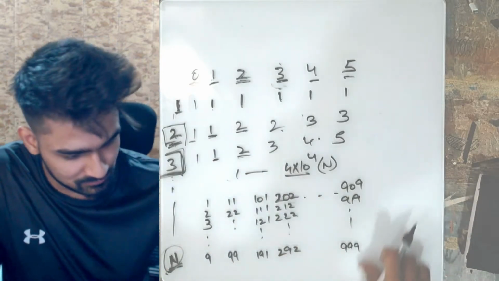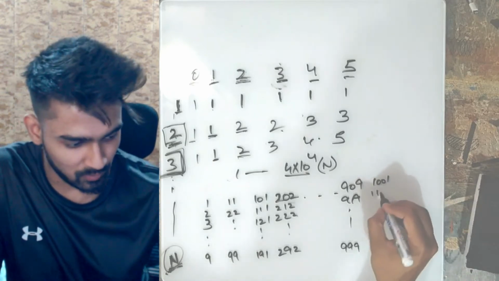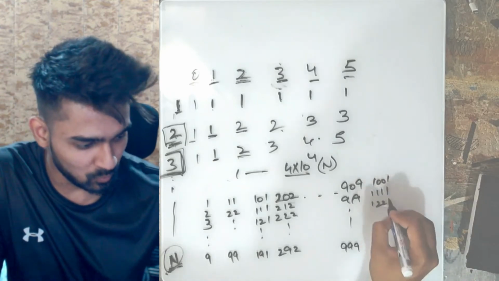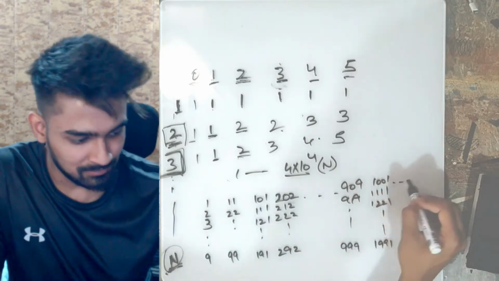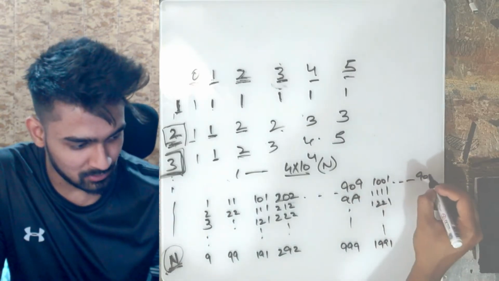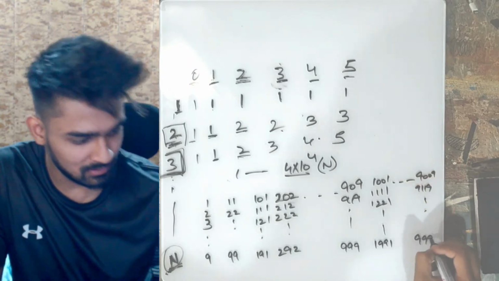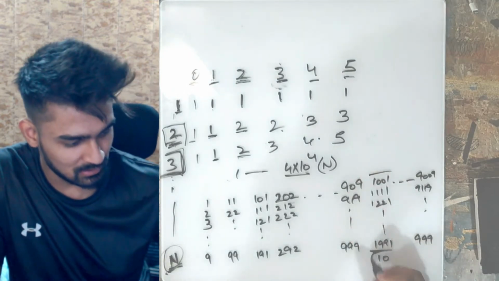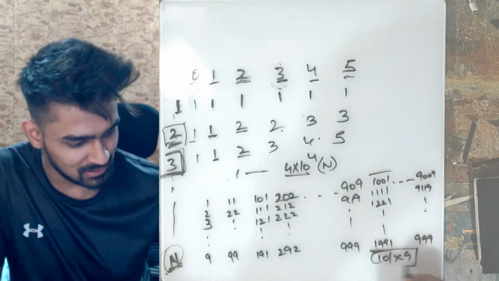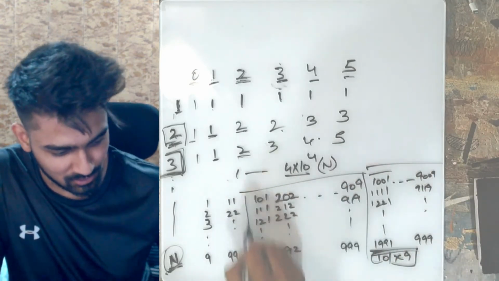Then after this, you have 1001, 1111, 1221, and so on till 1991. And the same thing continues till 9009, 9119, so on till 9999. So if you see, these are 10 cases times 9, so these are 90 cases. Similarly, these are also 90 cases.